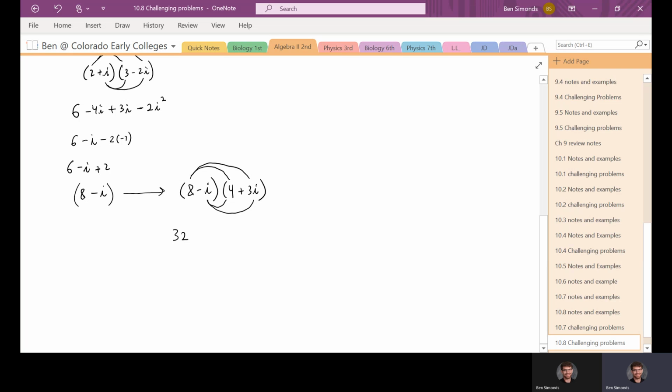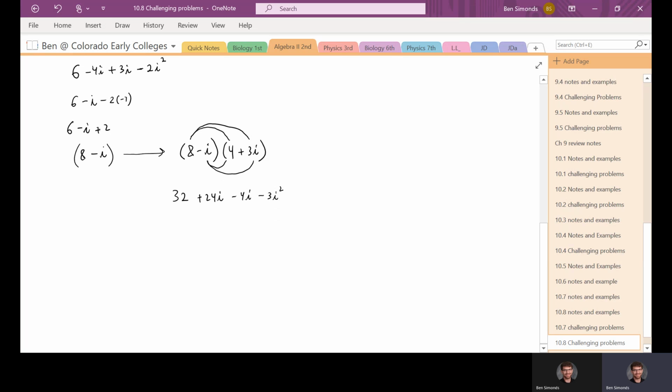Outer is 8 times 3i is 24i. Inner is negative i times 4, so negative 4i. And then last is negative i times positive 3i, for a negative 3i squared. And again, same thing as before.